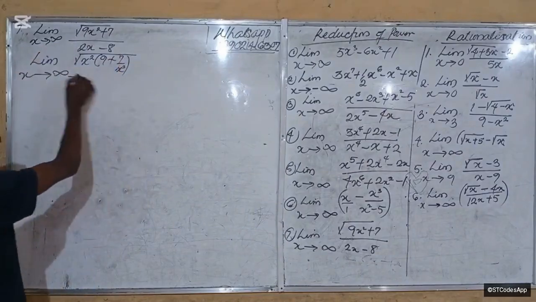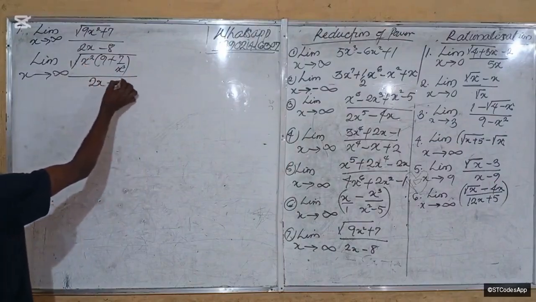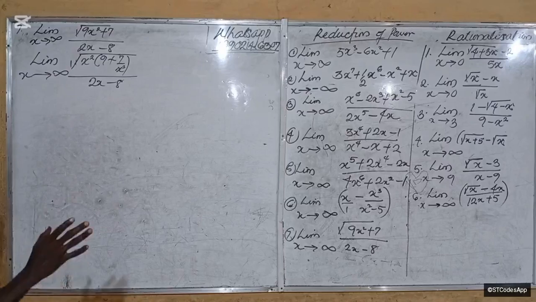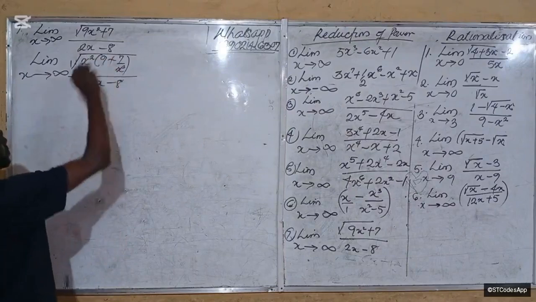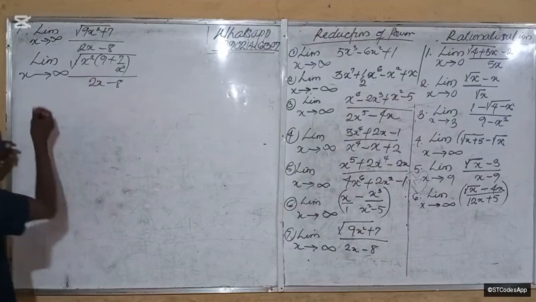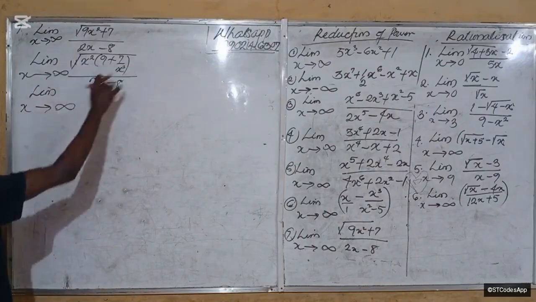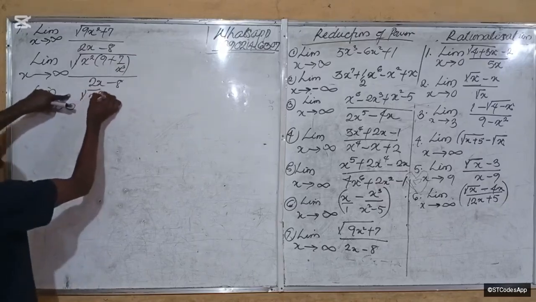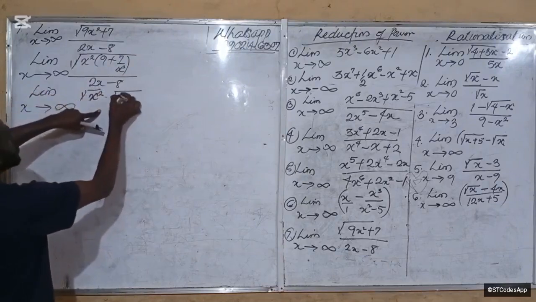So let's be careful in order not to make mistakes. Over 2x minus 8. You know why I did that? The reason is so that this guy can stand alone. So the limit as x approaches infinity becomes the square root of x squared, dot, the square root of 9 plus 7 over x squared.